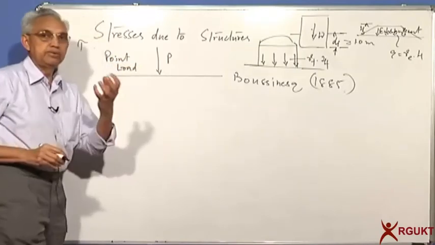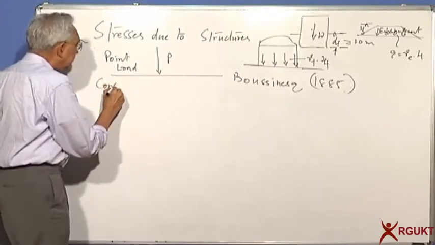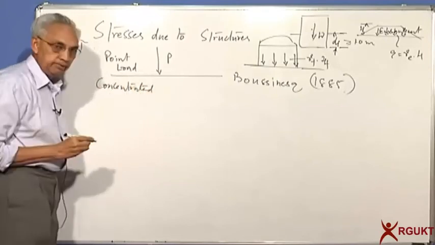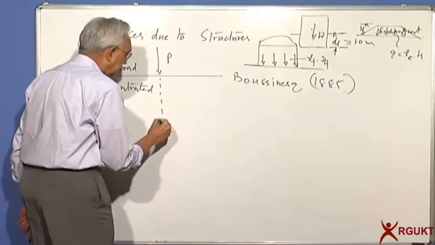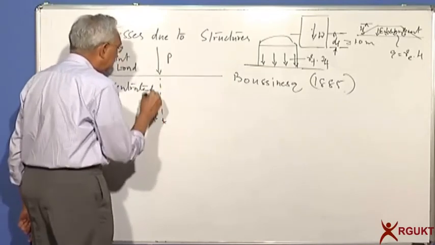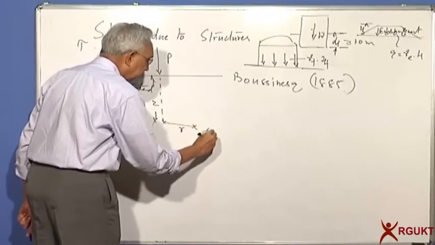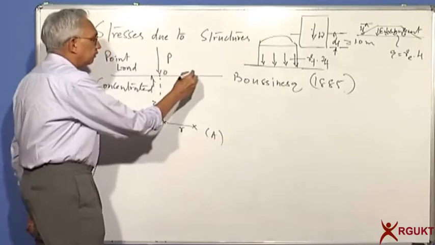That is what you call in mechanics a concentrated load, which is the easiest solution one can derive. What he found out was a simple analysis. At any depth z and at a radial distance r, suppose I have a point A. The load is applied on the surface.